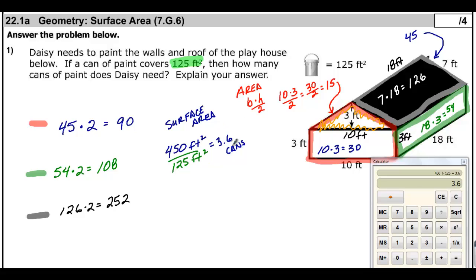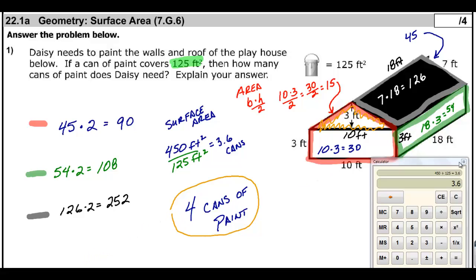But you can't buy 6/10 of a can of paint. You always have to round up. So we need 4 cans of paint. That is our final answer to this problem.